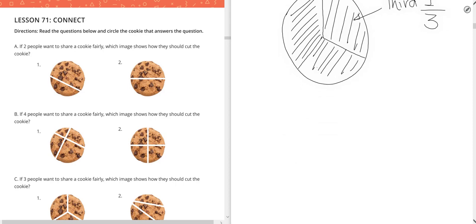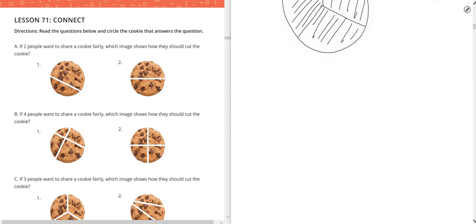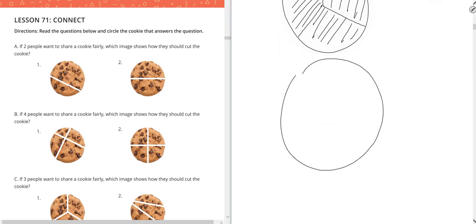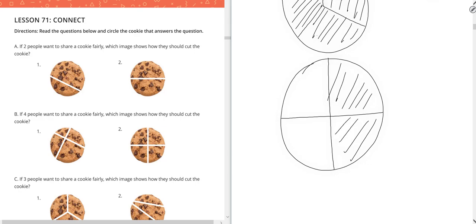Okay? If you want to distribute or share this pizza among 4 friends, we must divide it into 4 equal parts. So this part is called fourth. This part is called fourth.